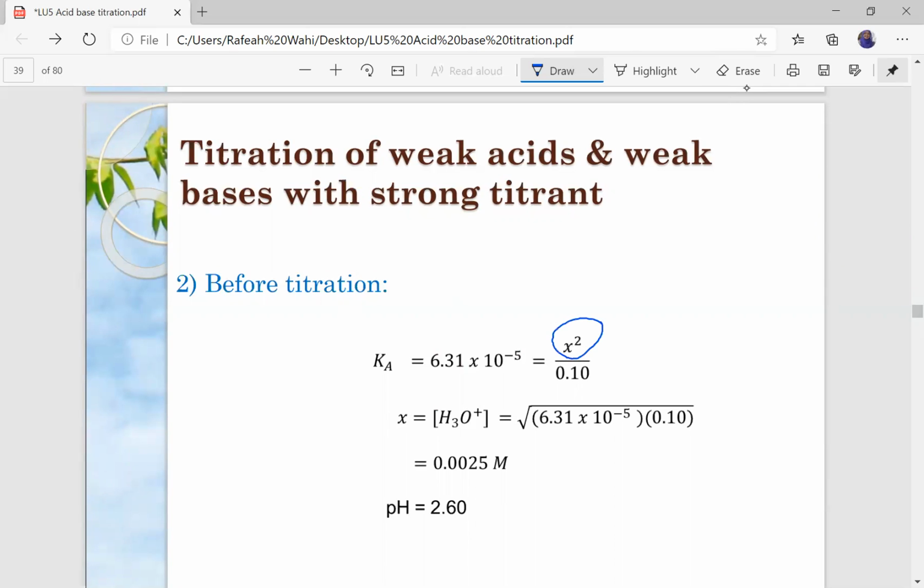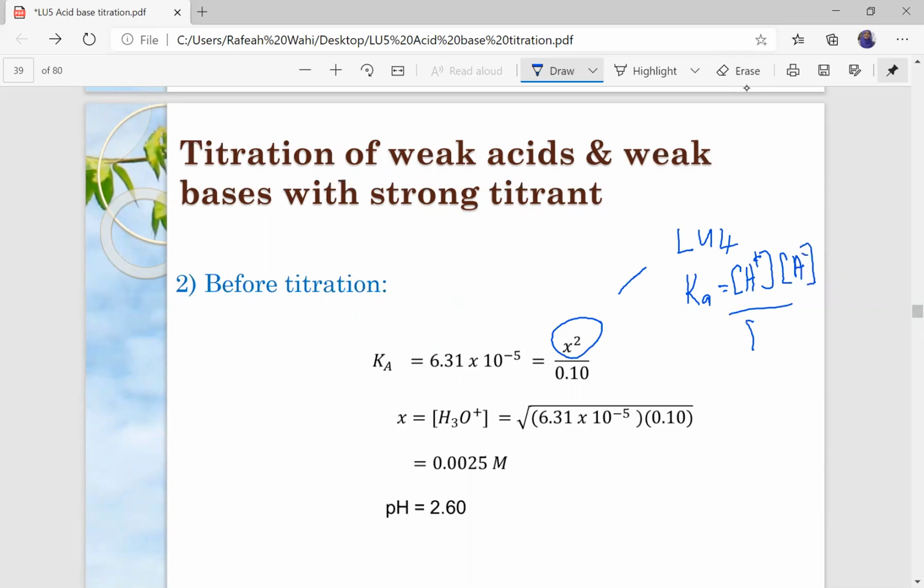Where do you get this X? You go back to LU4. You know that Ka equals the concentration of H plus ion, or hydronium ion, times the concentration of conjugate base divided by the concentration of weak acid, HA. These two are normally the same. So when H is X, the conjugate base is also X, and you get X squared.